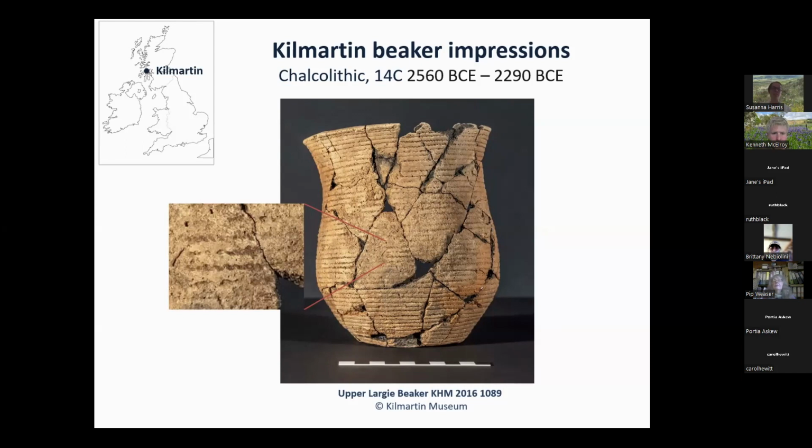Work by Alison Sheridan puts them coming from continental Europe as some of the earliest examples of this type of ceramic. Because in fact, this type of ceramic, the beakers, and then other types of vessels called food vessels in Scotland, actually were very long-lived and very popular. And so this impressing of string into ceramics lasts for a very long time.